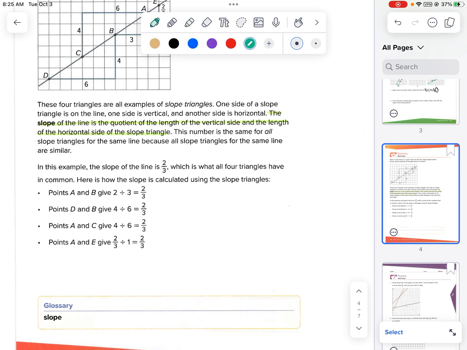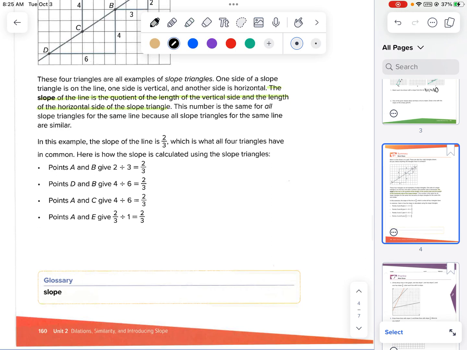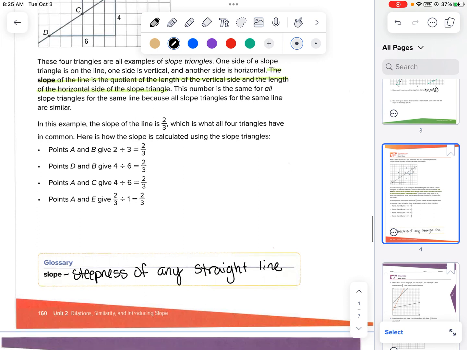All right, let's define slope. Slope is the steepness of any line drawn on a grid. Or let's reword that. Let's just say any straight line, because sometimes we don't have a grid and we can still find the slope.